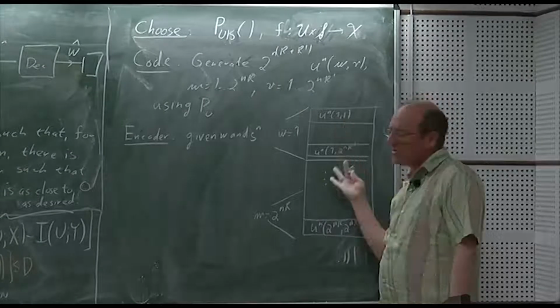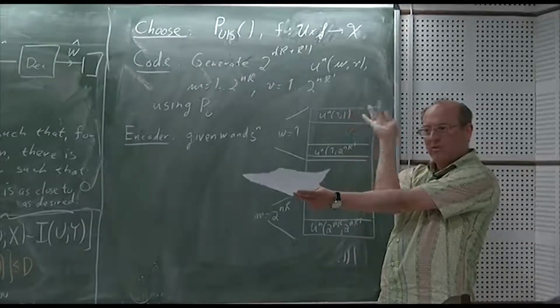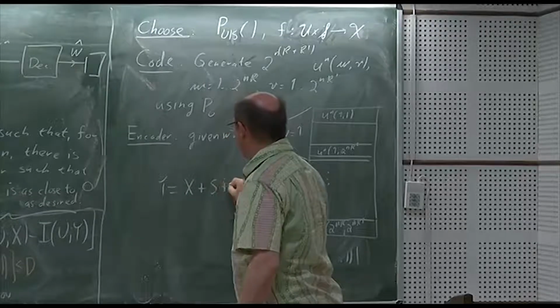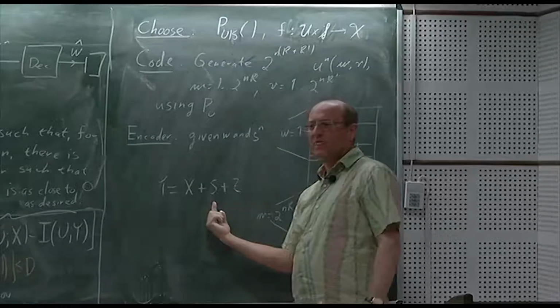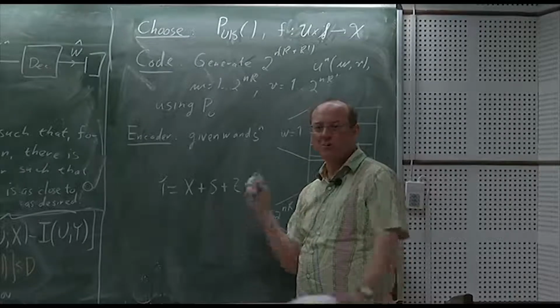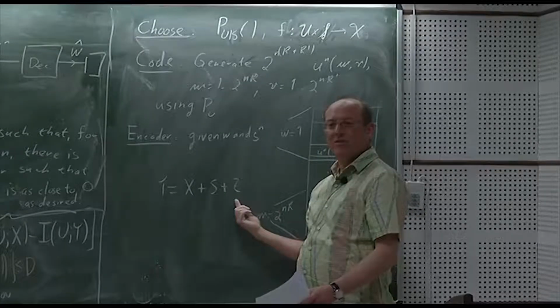So if you think of it from this perspective, we're kind of aligning u with the interference. And if we're thinking of a channel like X plus S plus Z, maybe that makes a little bit of sense. We're kind of riding on the wave of the interference. Like if S was really strong, we're aligning things with S, and maybe that'll help us beat the noise. You can think of it that way.